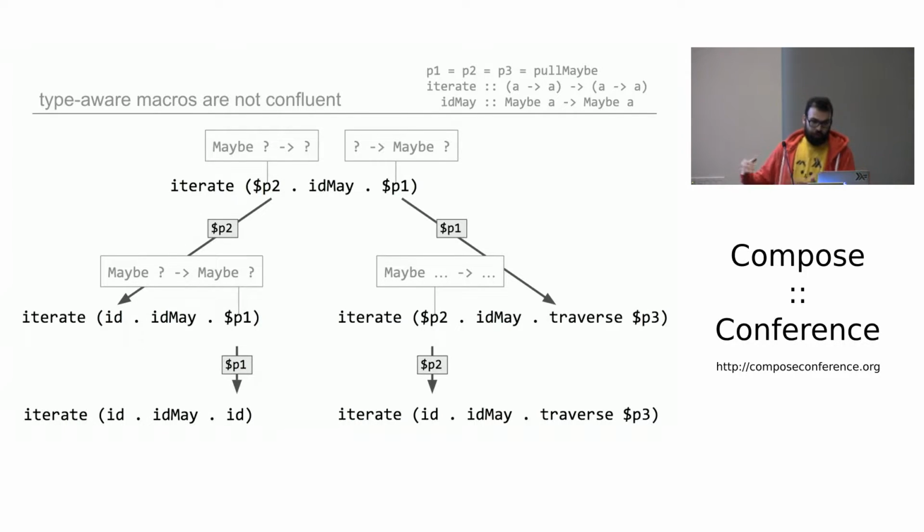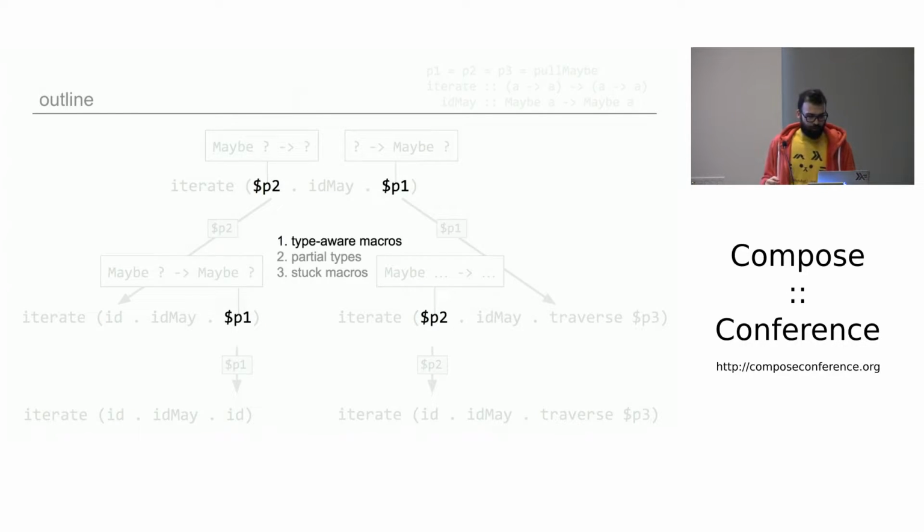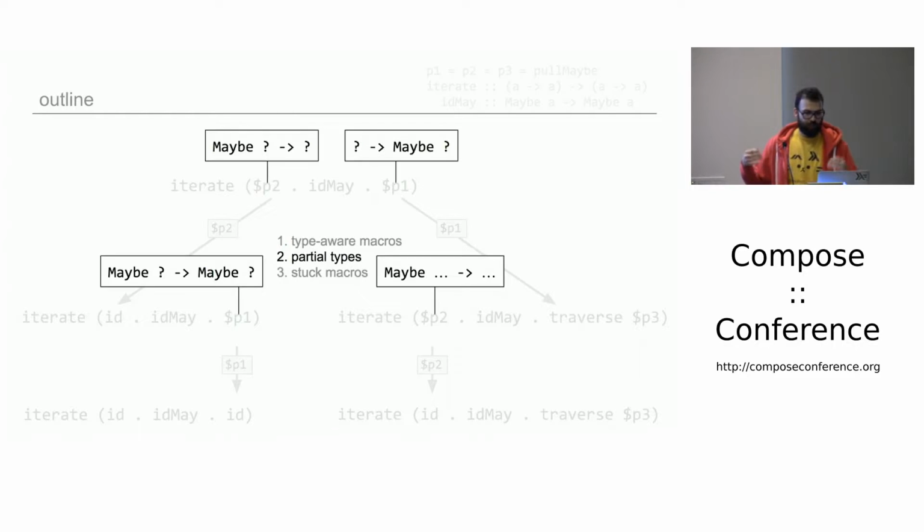And it turns out that if we choose to expand one of the two occurrences first or the other, we get a different result at the end, which we don't want. So now that we've seen the mechanism through which type-aware macros compute their output, the next section, partial types, is the one in which we'll see how come we get different results depending on the order.